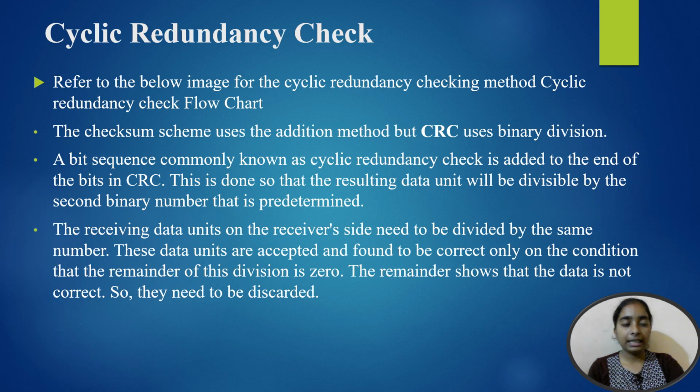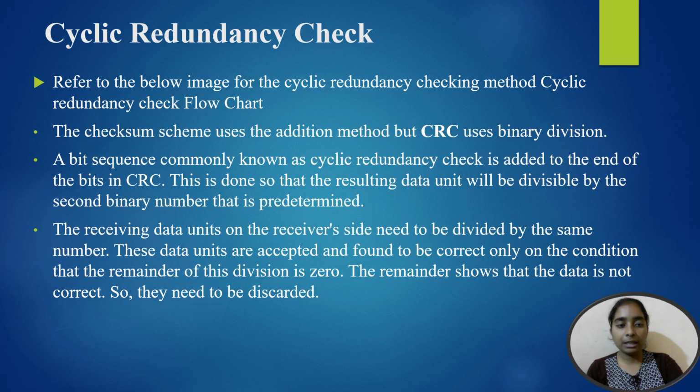The third method is cyclic redundancy check. The checksum scheme uses the addition method but CRC uses binary division. A bit sequence, commonly known as the cyclic redundancy check, is added to the end of the data bits. This is done so that the resulting data unit will be divisible by a predetermined binary number.